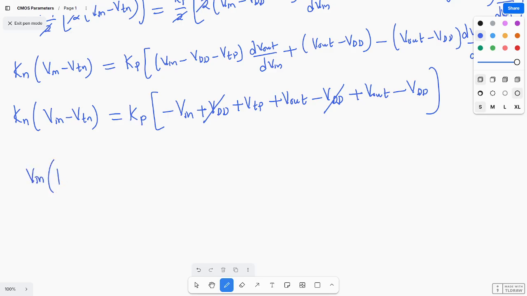If you take common, what you are getting, Kn plus Kp, that is equal to, so Kn plus Kp. You bring Vin to one side, okay.